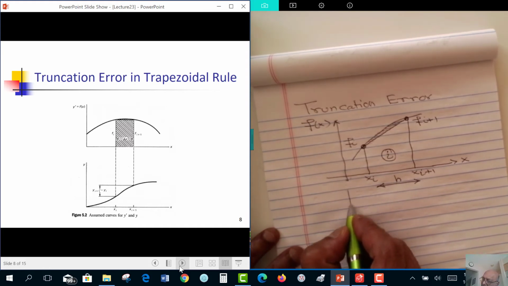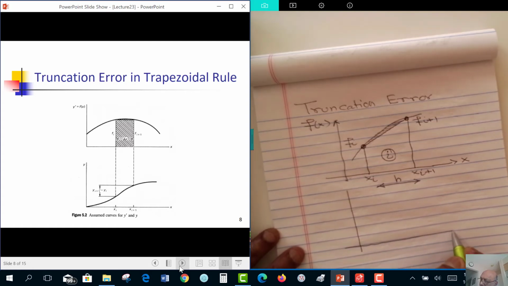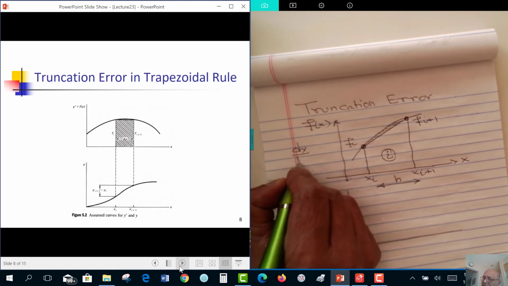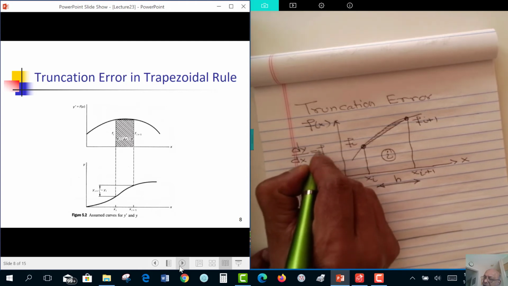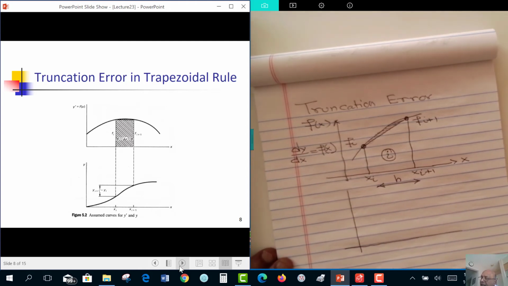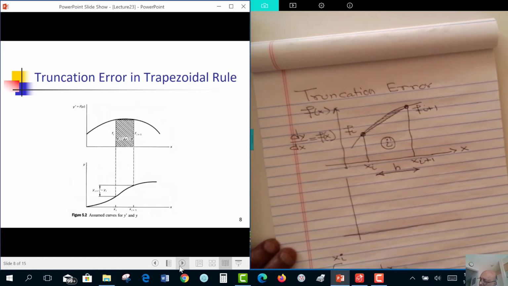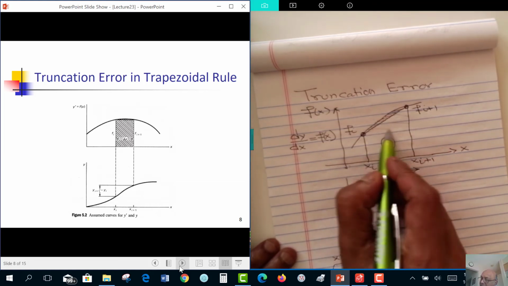So let's, for the time being, assume that this was some derivative. So when we integrate, what we do is we integrate the function from xi to xi plus 1, right? So when we integrate this function, we get this area under the curve.